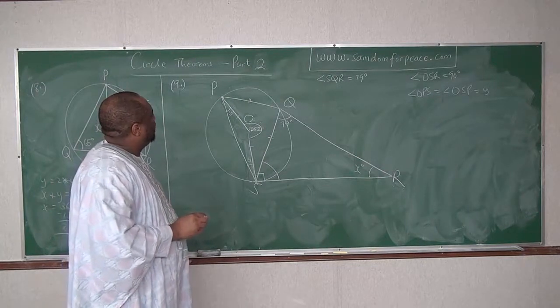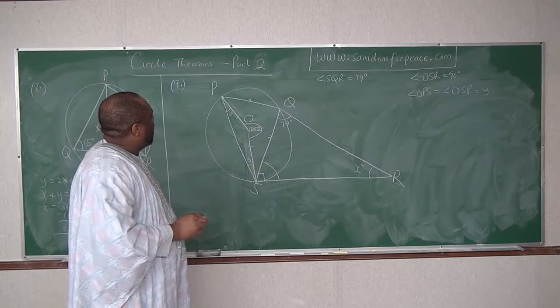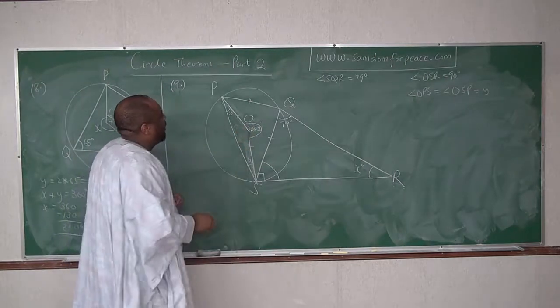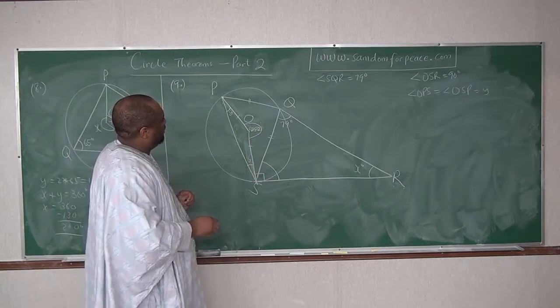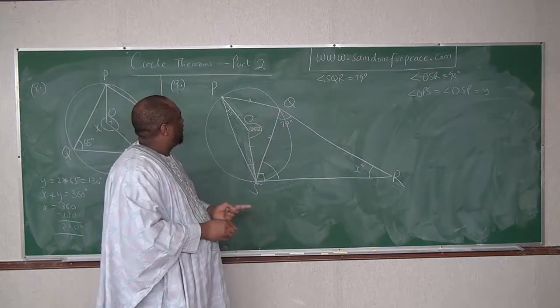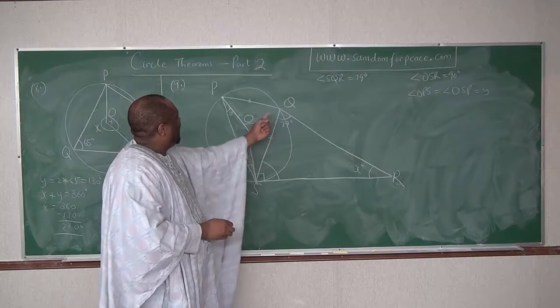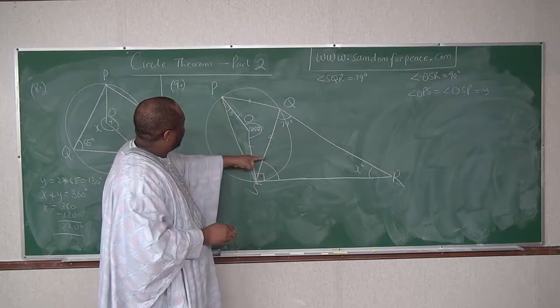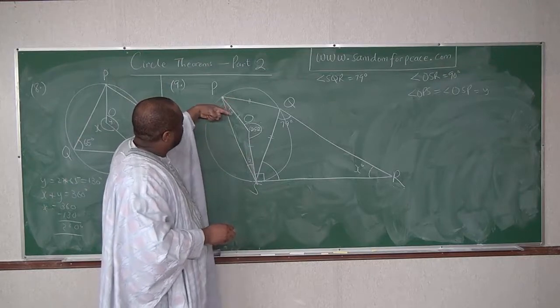So we can get this angle here. Then from here we can get this angle. And once we get this angle, this here is also congruent.